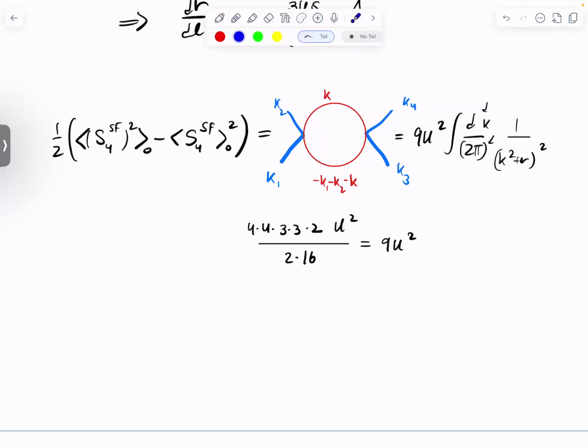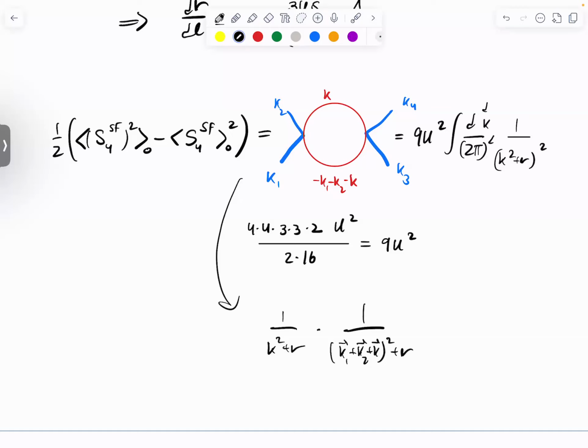And then that implies that I should have a product of 2 Green's functions here, which is like 1 over K squared plus R times 1 over K1 plus K2 plus K squared plus R. And that's a much more complicated diagram to calculate, right? Because there are angles and it's a mess. But somehow I wrote this much simpler isotropic diagram. So what's going on? Why can I do that?